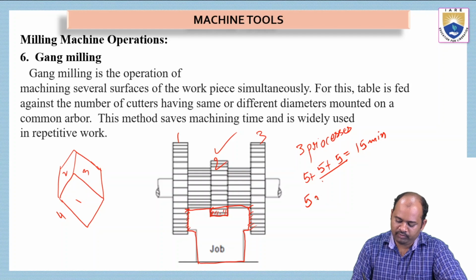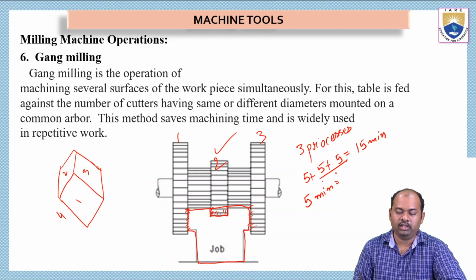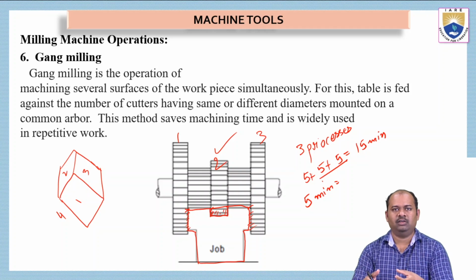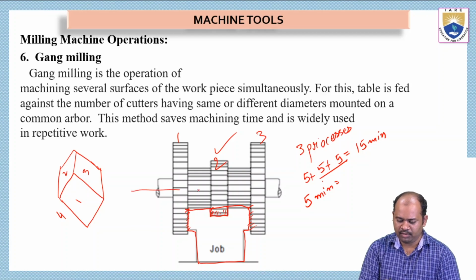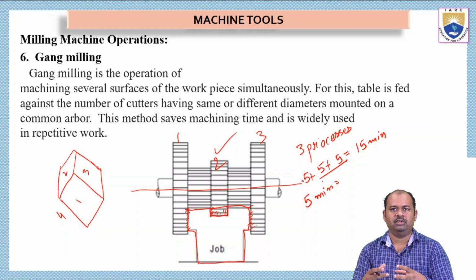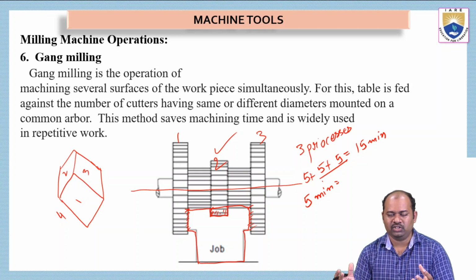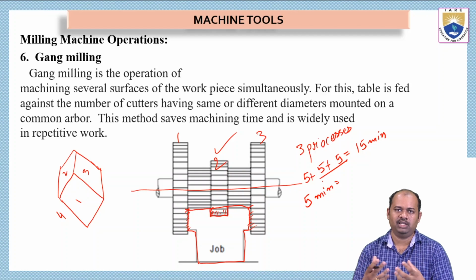Only in 5 minutes, I can complete all the 3 processes because all the 3 cutting tools are arranged on the same arbor. On the same arbor, we can attach 3 tools and the 3 tools will work simultaneously. Although this is not possible for every application, as not every machining process can be done like this.